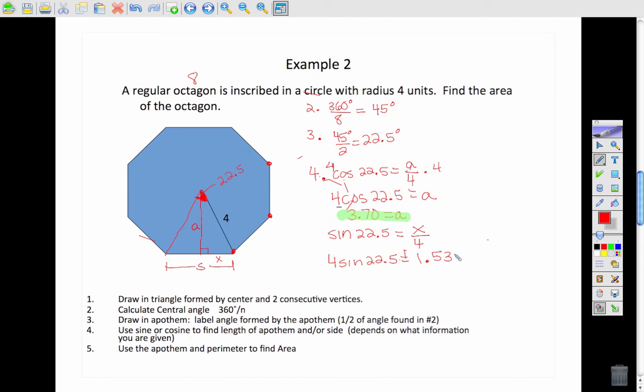That is equal to x. Okay, so that's just one part of it. If I take 2 times 1.53 times the number of sides that I have, that is going to equal the perimeter. So when I do that, I get 24.5. Okay, so that is the other part that we need.